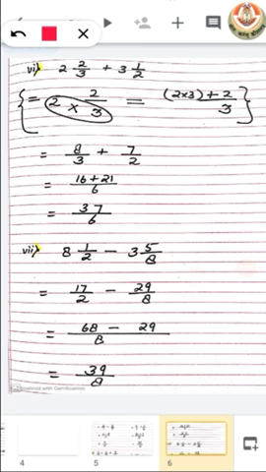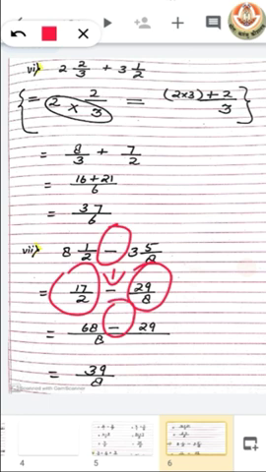In the same way, we can subtract between two mixed fractions. We just have to keep in mind that in place of addition, we have to put a negative sign, meaning both the fractions are subtracting with each other, so their numerators will be subtracted at the end.